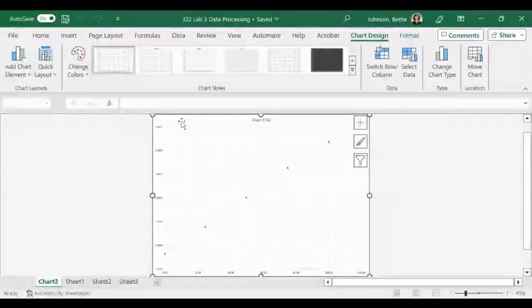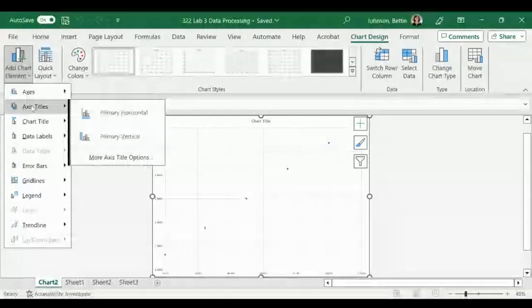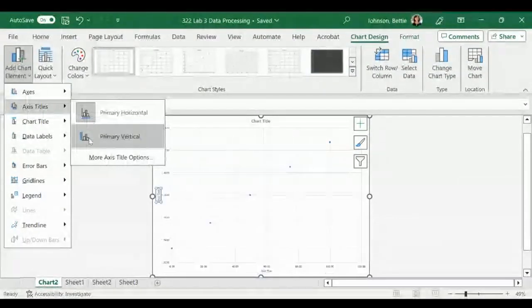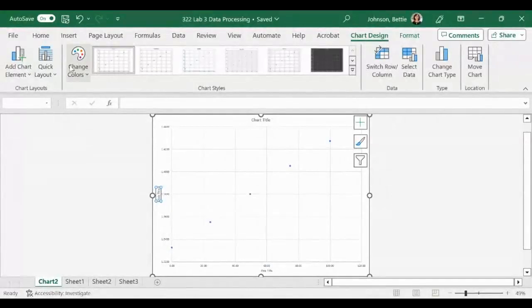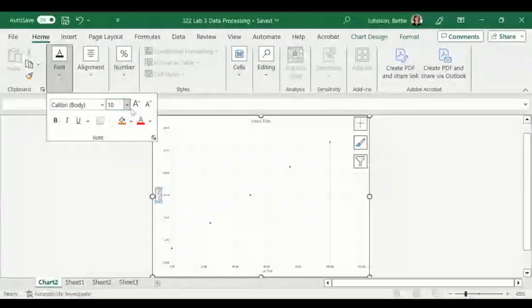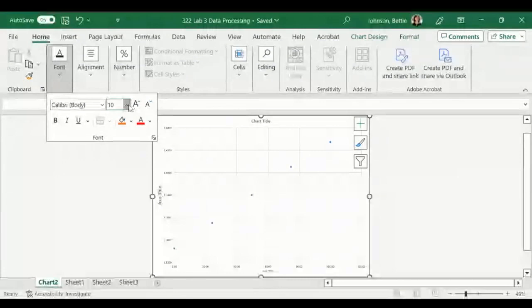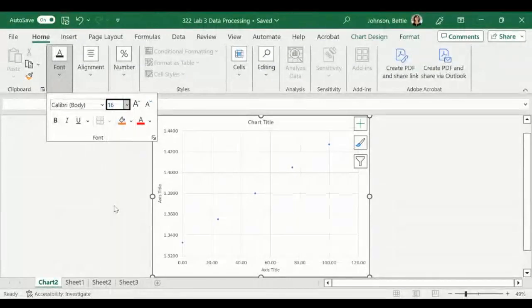And next, I'm just going to do a little bit of formatting of the graph. So I'm going to add a couple of chart elements, the x-axis title and the y-axis title. I'm then going to go ahead and increase the font size of everything in the graph. And in order to do that, I actually need to select the entire chart, then go and increase the font size, and it will apply that to every part of the chart.